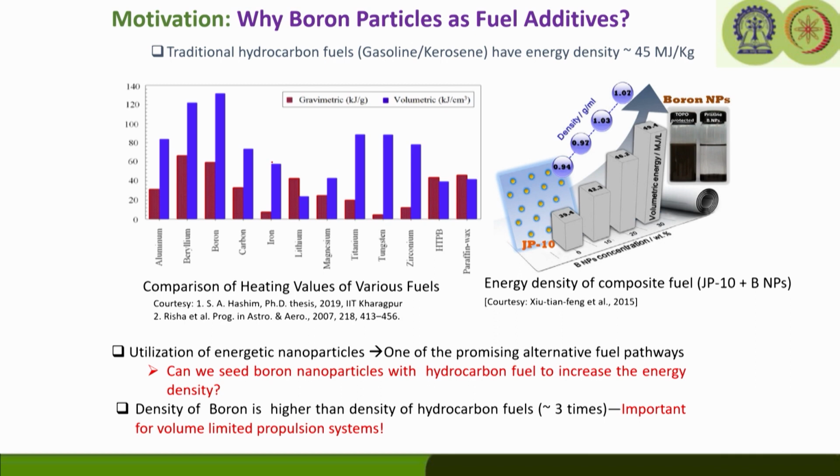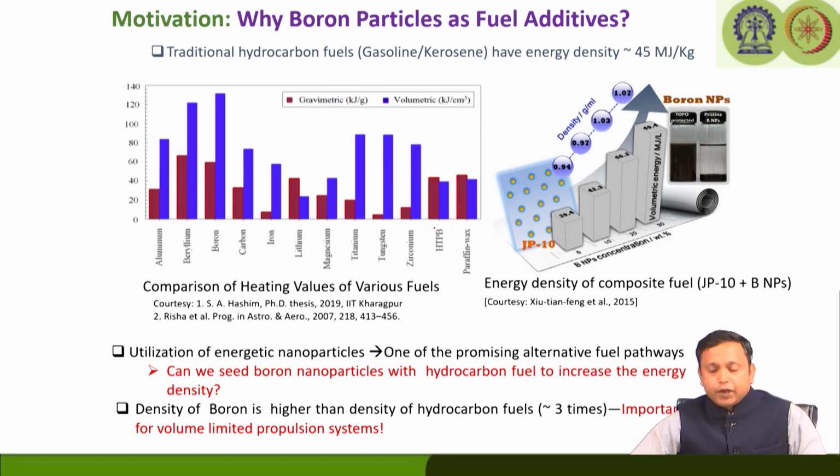So, the major question here is why it is important to consider boron particles as fuel additives or even fuel. Here it is compared with traditional hydrocarbon fuels, for example HTPB or paraffin wax. We also compare this with the liquid fuel. If you look at the left hand side graph, we have already seen it while we discussed metal particle combustion.